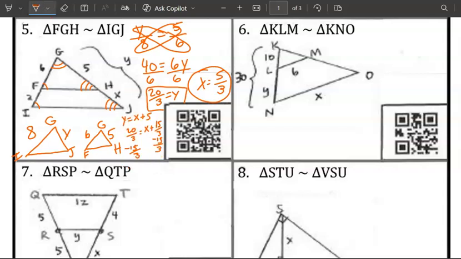Number 6. Triangle KLM is similar to triangle KNO.